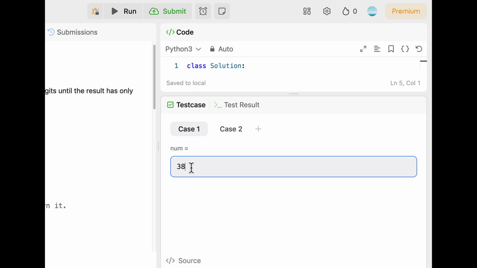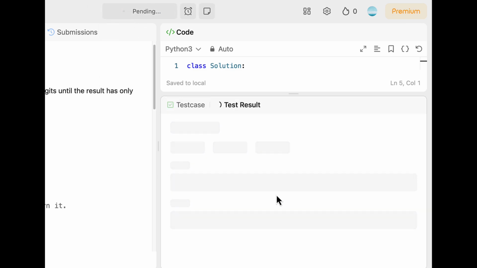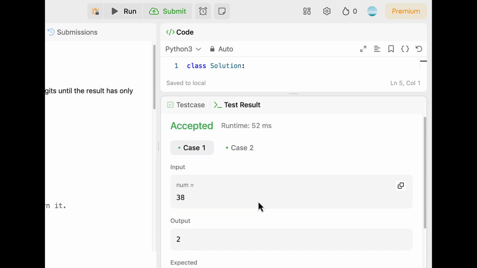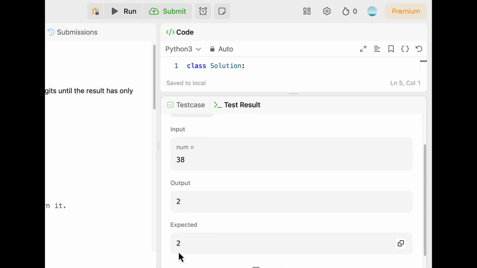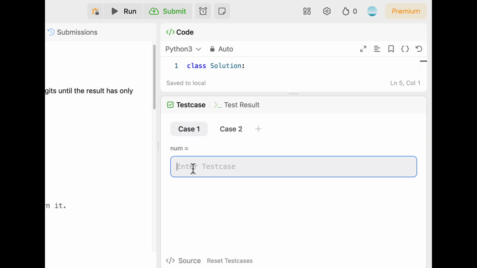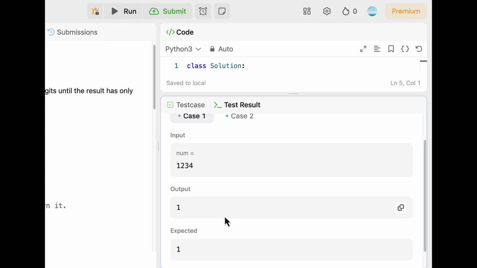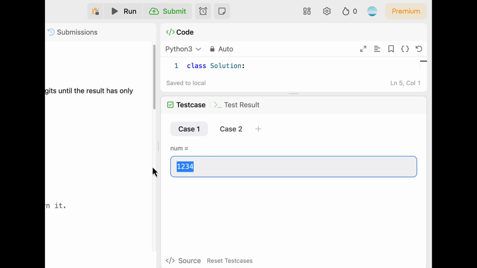Let's try the test case that they provide us, which is 38. Then we run. The result here is 2, and it's as expected. So let's try the example that I gave you. It's 1, 2, 3, 4, and the result should be 1, right? As you see, it's 1 here, as expected. Let me try another one.